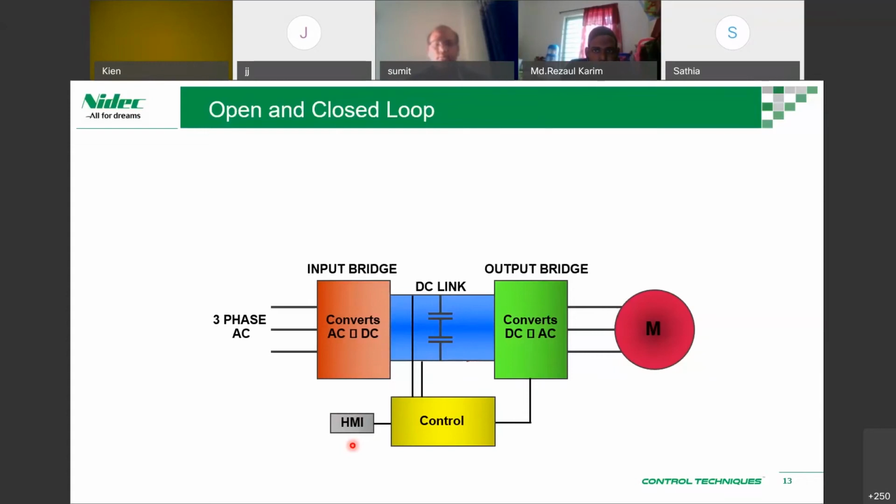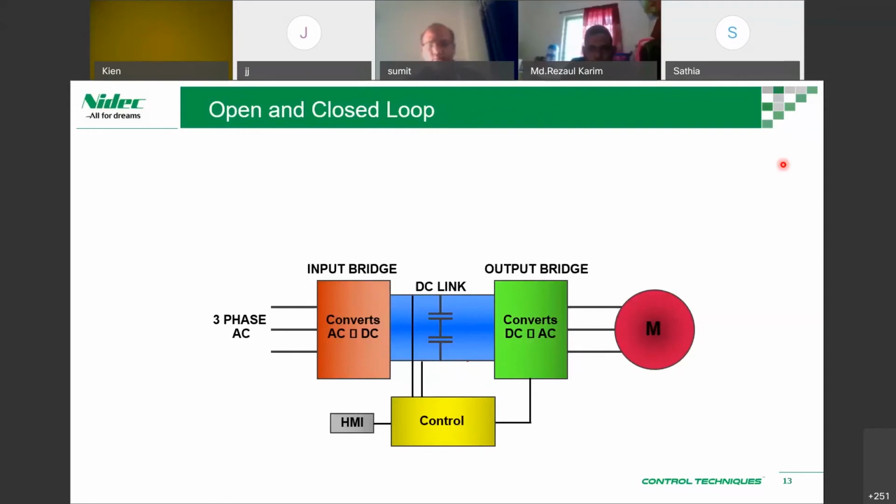Let's say HMI is typically a human machine interface. So it could be an LCD screen, an LED screen, touch buttons, or a keypad. It could be analog input, analog output, digital input, digital output. So any means that allows us to tell the drive to do something.